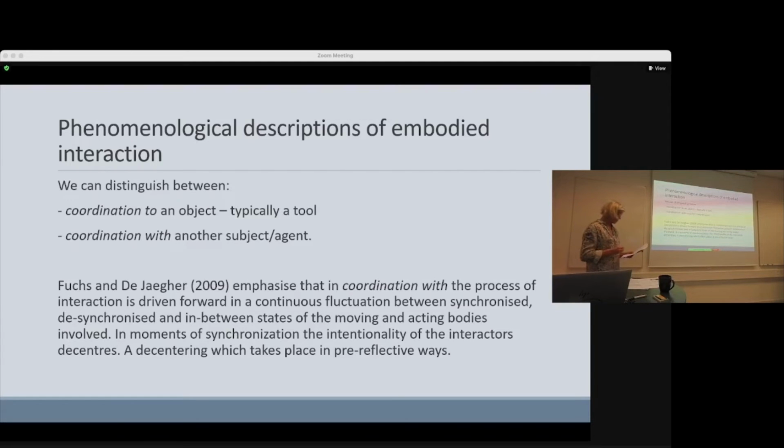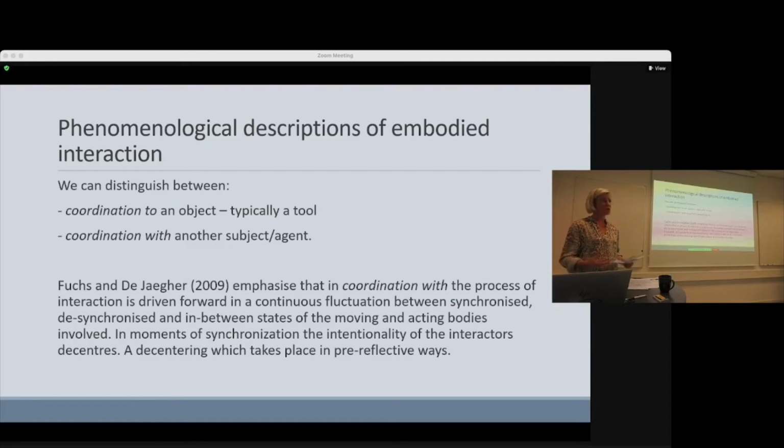And in moments of synchronization, and it's not like it's synchronized all the time, but it can happen now and then, the intentionality of the interactors decenters. That is their description. A decentering which takes place also on a pre-reflective level.